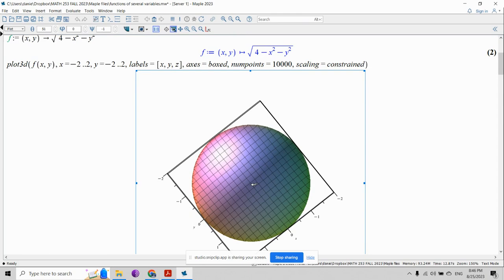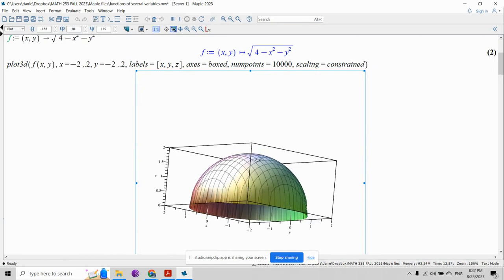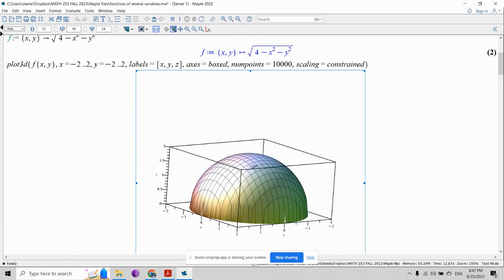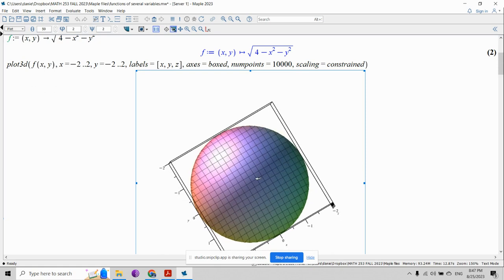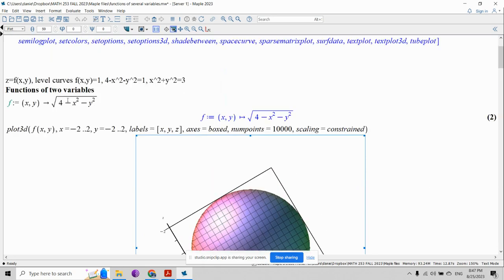Because remember how this function is constructed, right? The domain is evaluated at the function, and for each point you calculate the z value, and that's going to be the point on this hemisphere. So whatever the graph of that function is, if I see it from above, it should project onto the domain of the function itself, which in this case is a disk of radius 2.